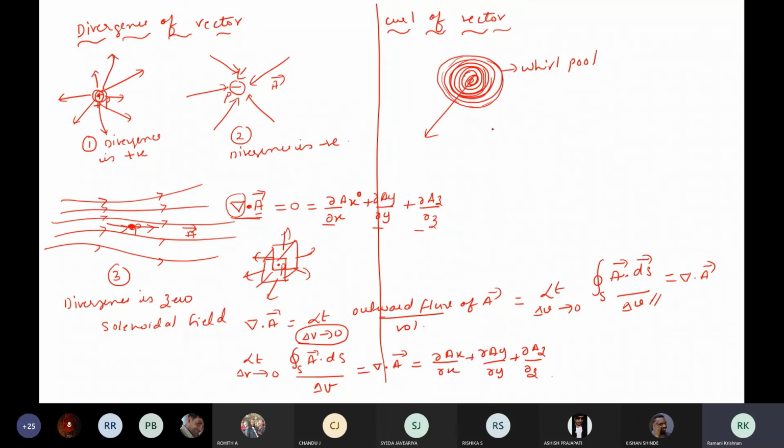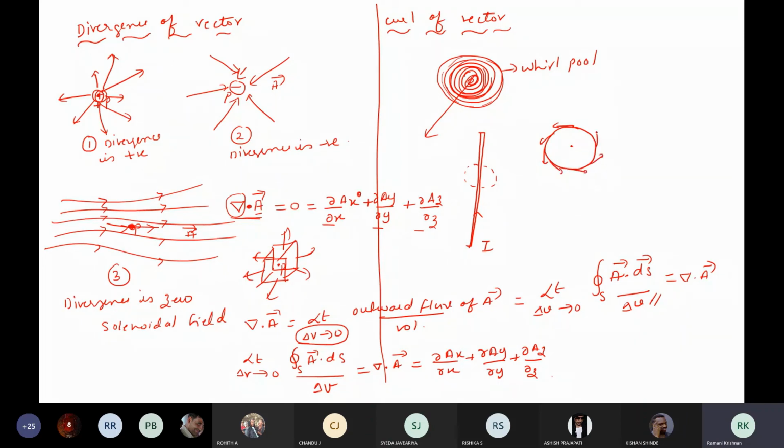Now, for example, if I have a conductor which is carrying current, then whenever a current carrying conductor is there, there is a magnetic field. I draw that magnetic field. So how to know the strength of the magnetic field? Draw a tangent to this field.